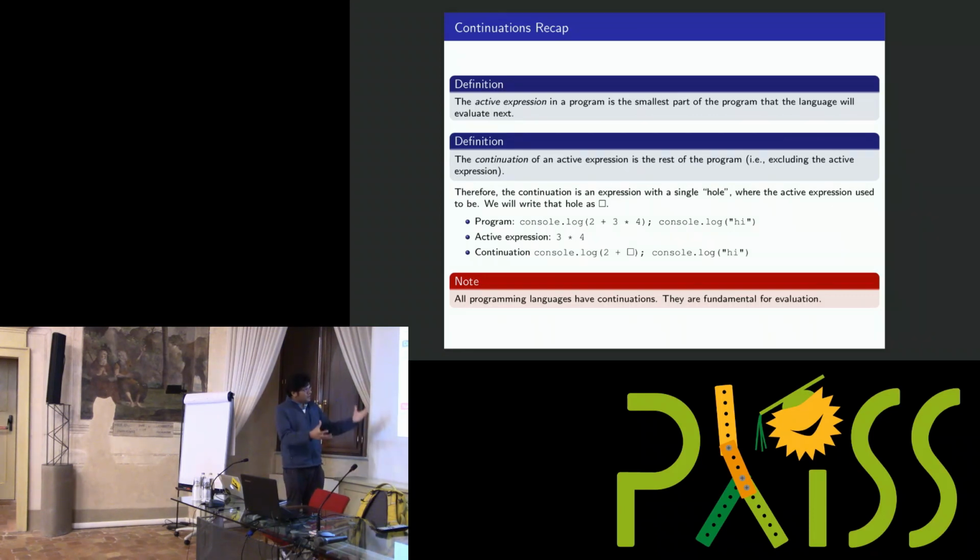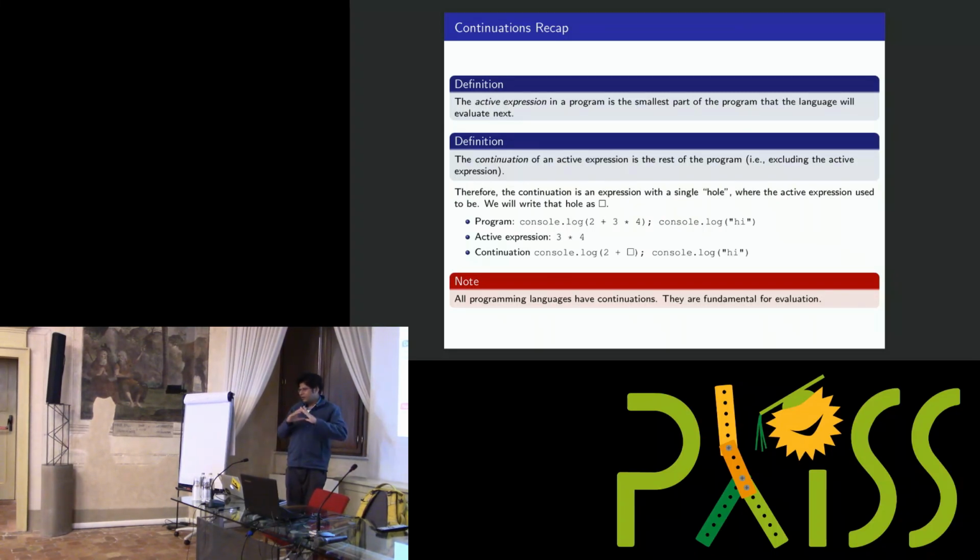The continuation of an active expression is just everything else, excluding the active expression. Everything else is a program with a hole in it, and the way I've been writing it is with the hole as a box. So that's the continuation.